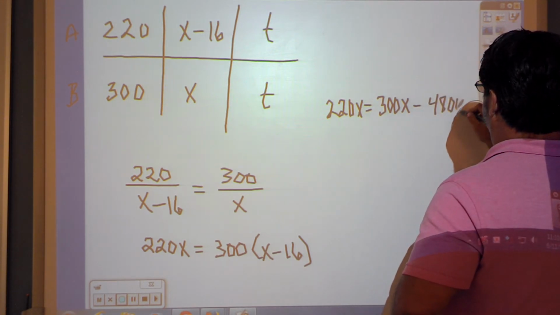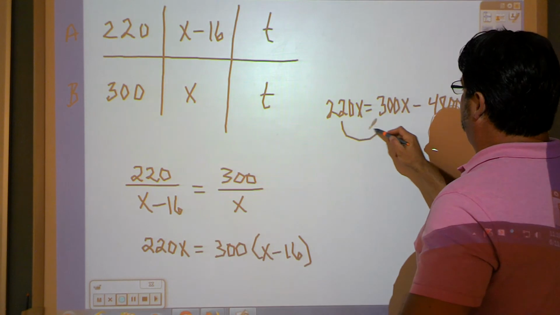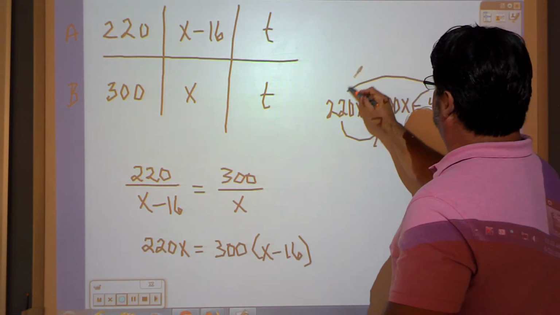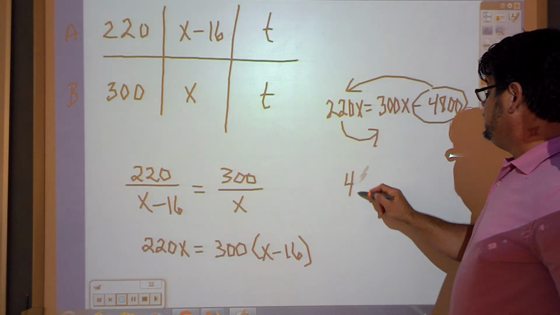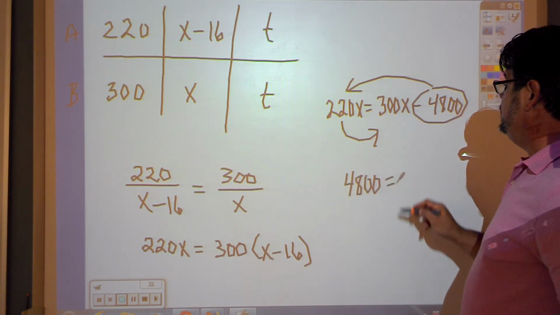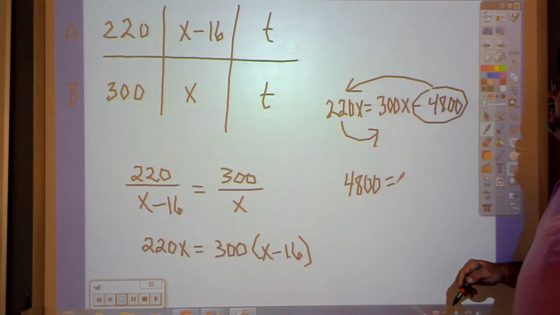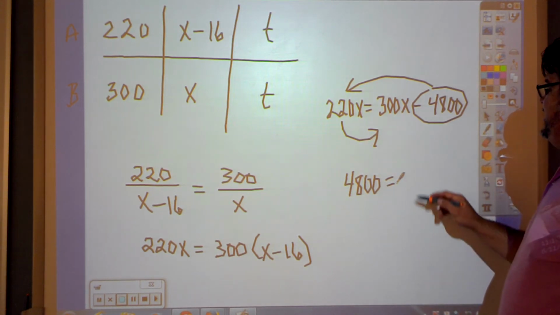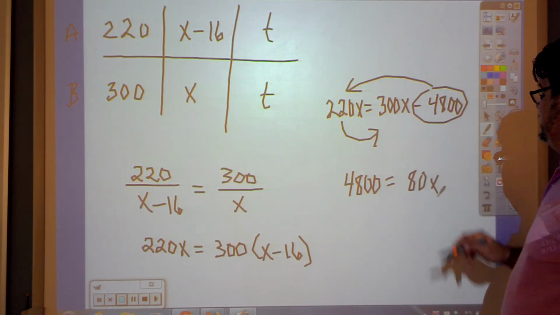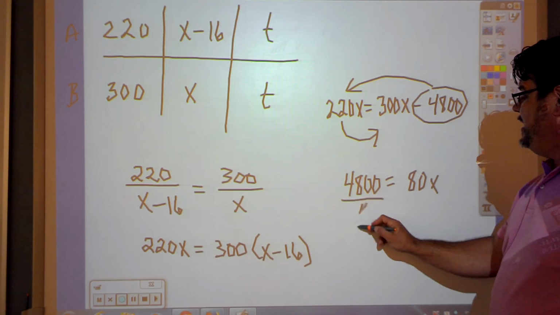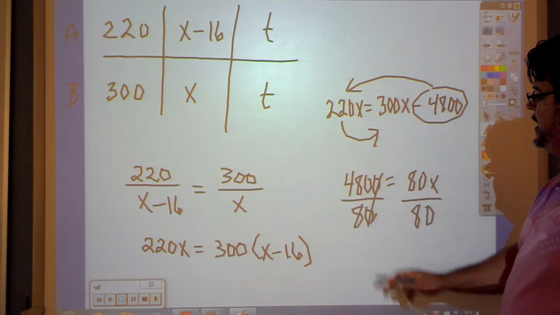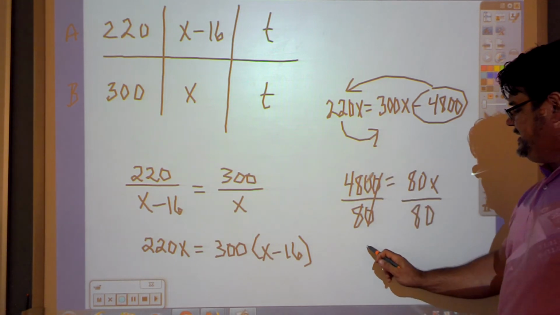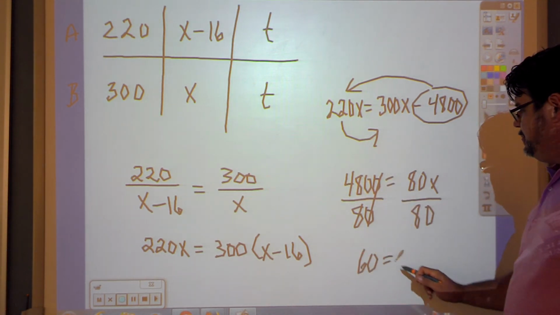That's right. Alright, I'm gonna take this over, because I wanna keep my variable positive. So that's 4,800 is equal to 300 minus 220, which is 80. Divide by 80 on both sides. 8 will go into 48 six times. Y'all check me.